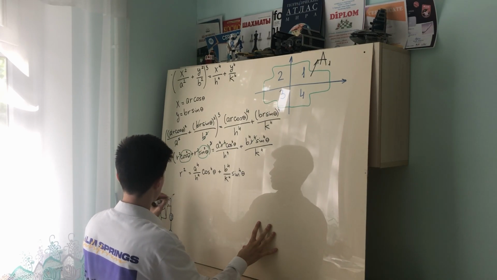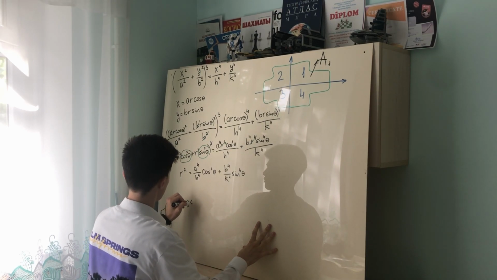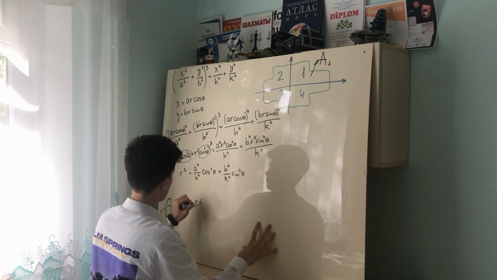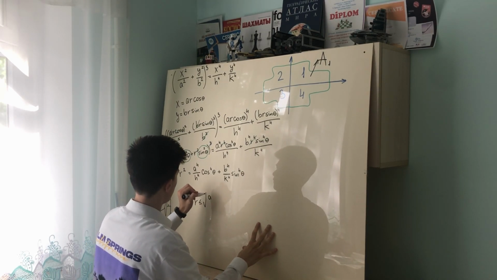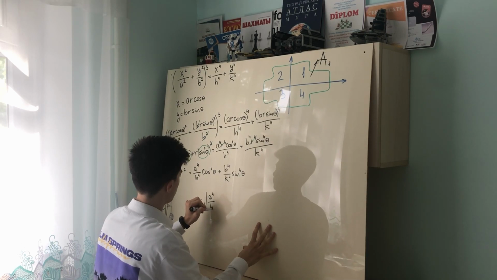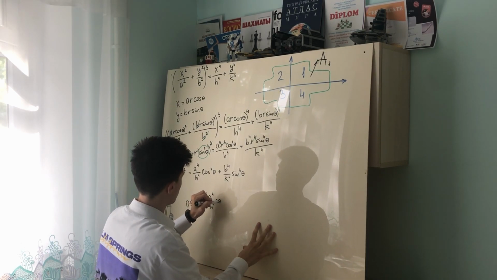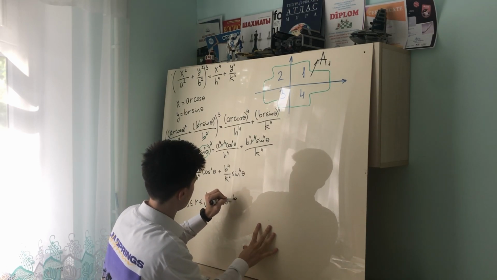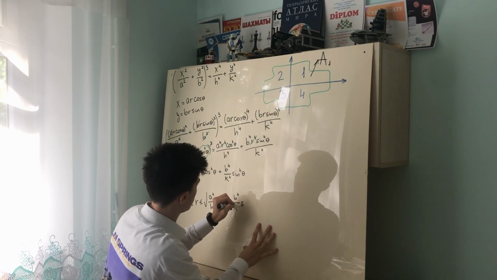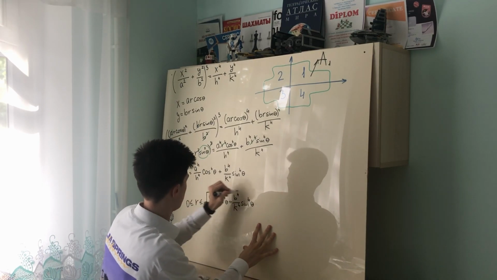Our r varies from 0 to the square root of a to the 4 over h to the 4 cosine to the 4 theta plus b to the 4 over k to the 4 sine to the 4 theta.